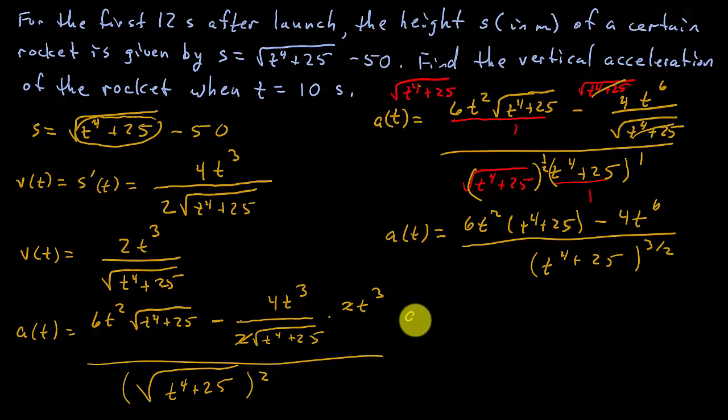All right, so now that's going to give me a of t is equal to, okay, so this is 6t squared.